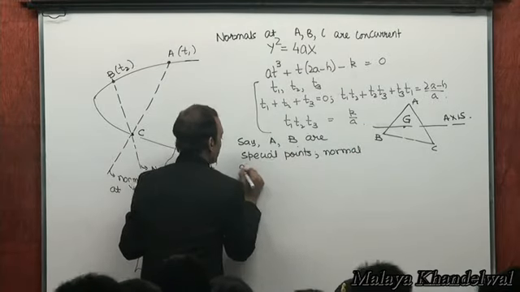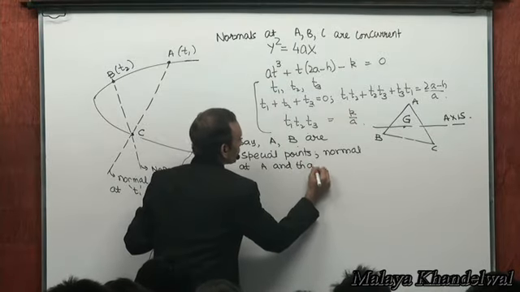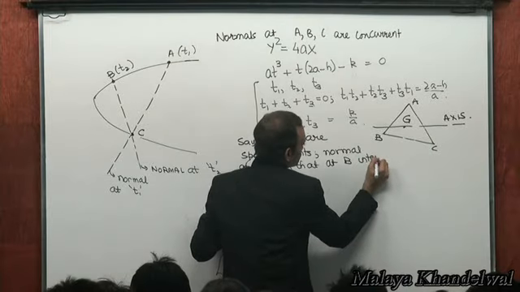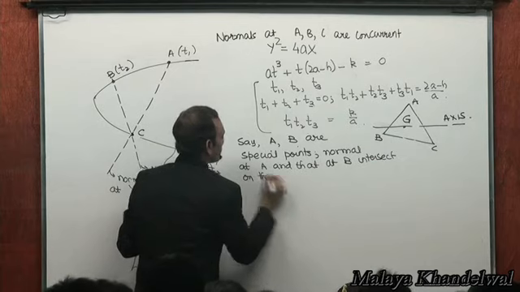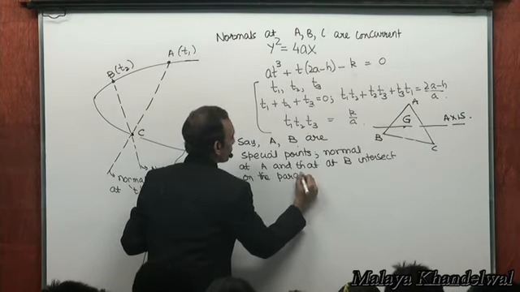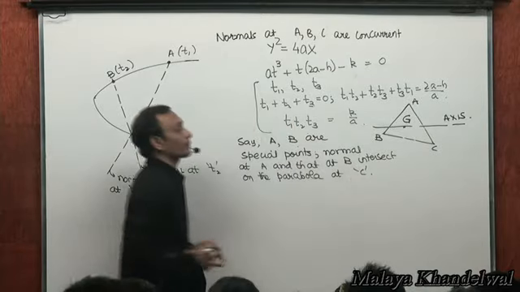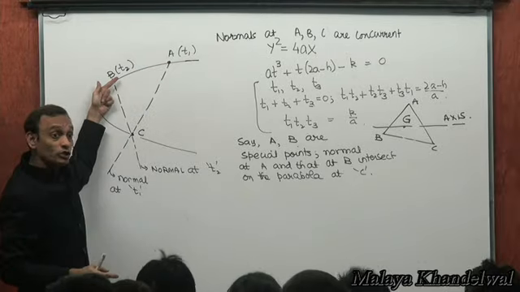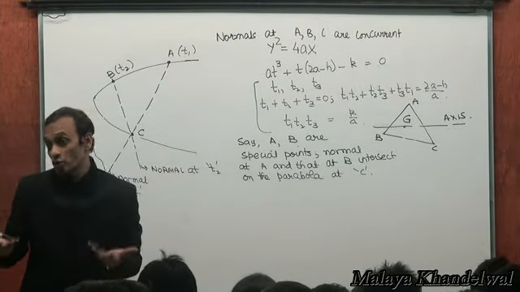The normal at A and that at B intersect on the parabola at C. A normal drawn at T1, a normal drawn at T2, they intersect again on the parabola itself. Then they are special points.